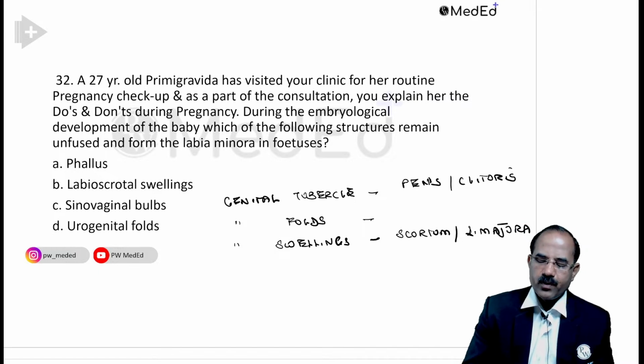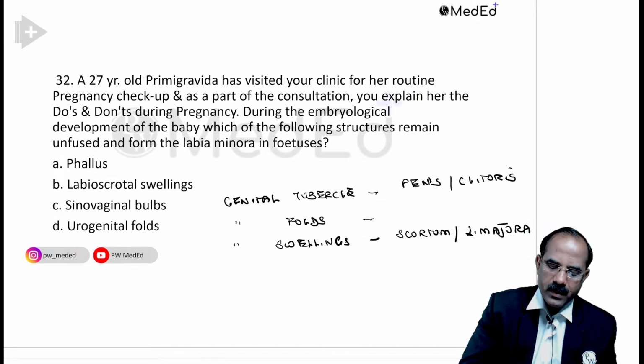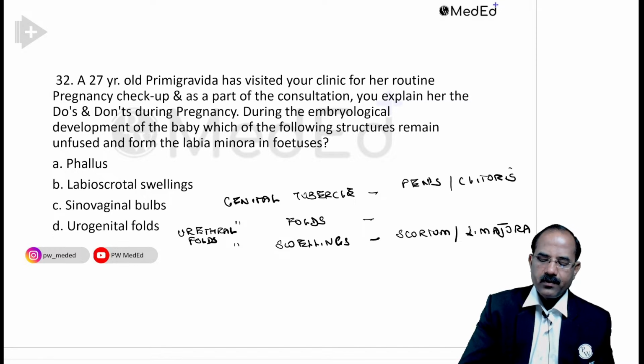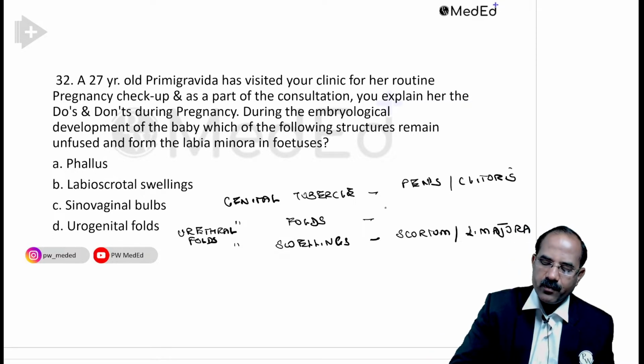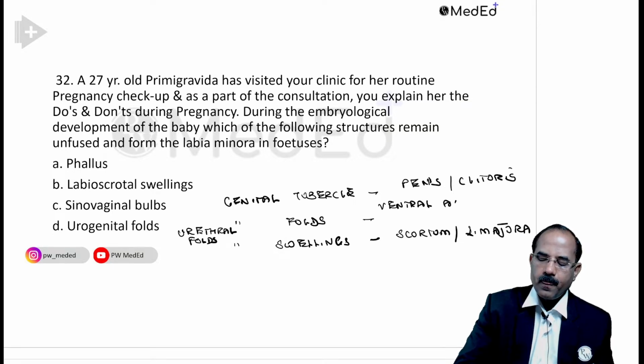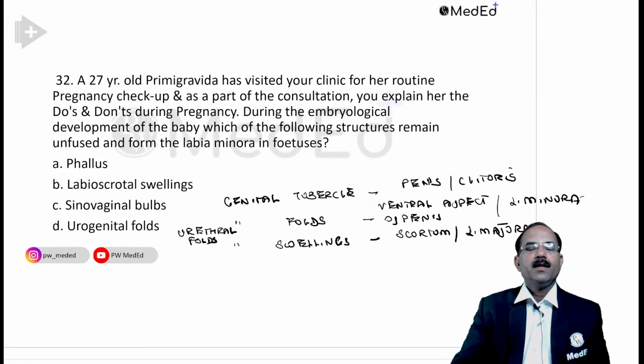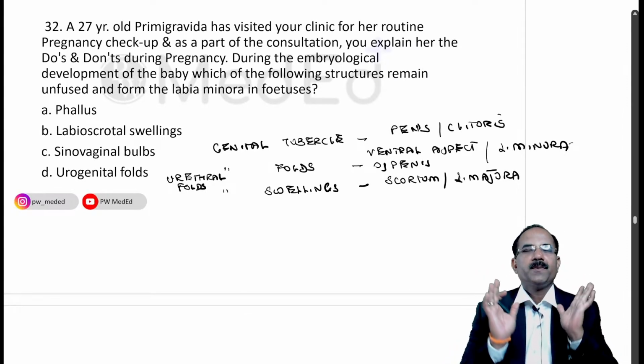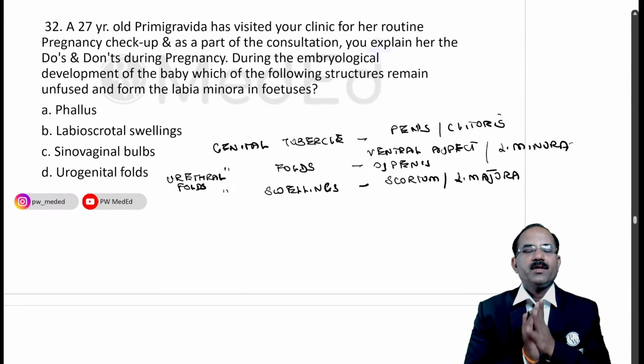The genital folds, also known as urethral folds, form the ventral aspect of the penis in males, and in females they form the labia minora. This is extremely important.